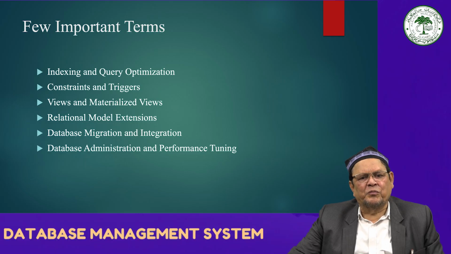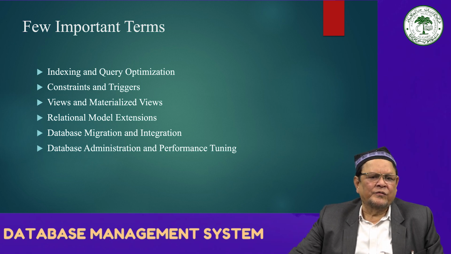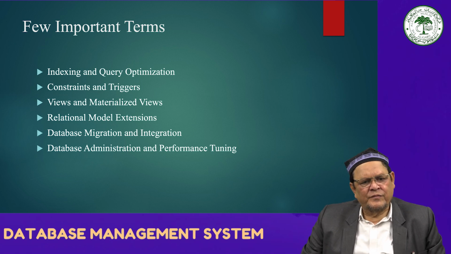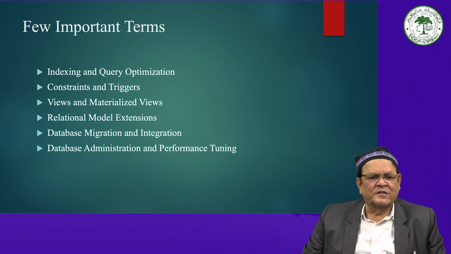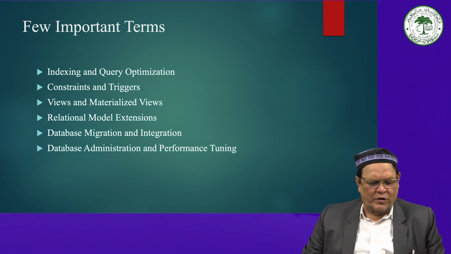Now, apart from these important concepts, there are a few other keywords and terms we need to know. Some of the important keywords related to relational models are indexing and query optimization, constraints and triggers, views and materialized views, relational model extensions, data migration and integration, database administration and performance tuning.